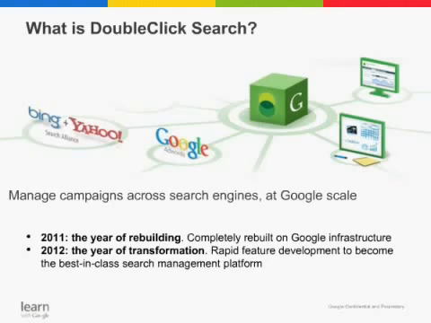Touching on a bit of DoubleClick Search's history, last year we completely rebuilt DoubleClick Search on Google infrastructure, leveraging the product and engineering team experts with years of experience from AdWords. And Google's reinvestment in the tool also means that we're rolling out more and more exciting features every few weeks, with the ambition of making it the best-in-class search management tool, which is why we're calling 2012 our year of transformation.